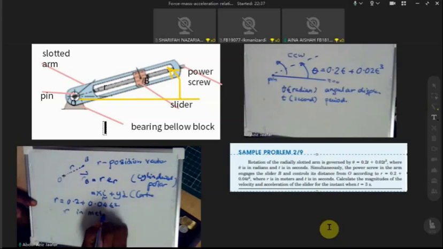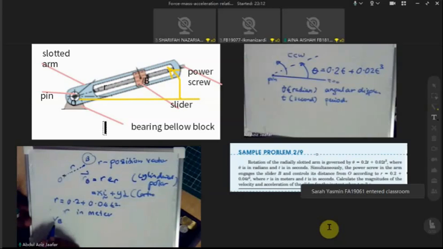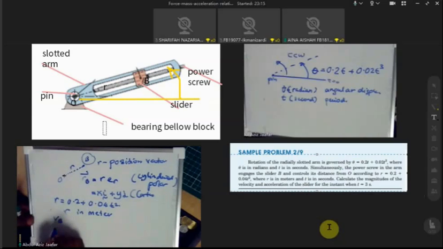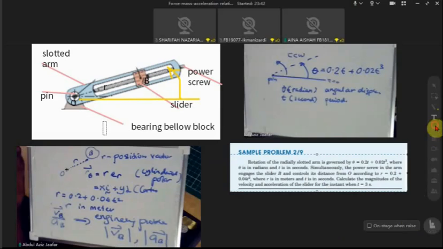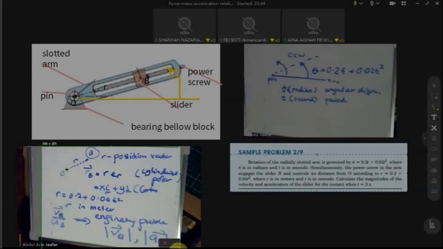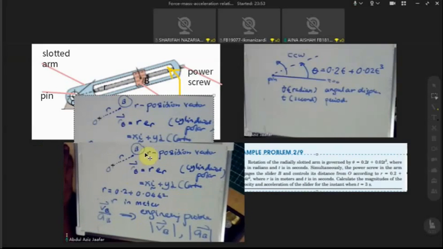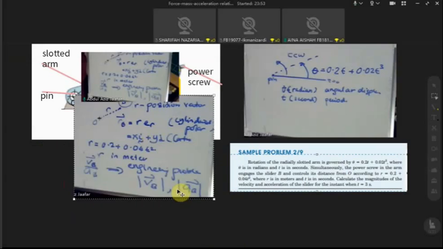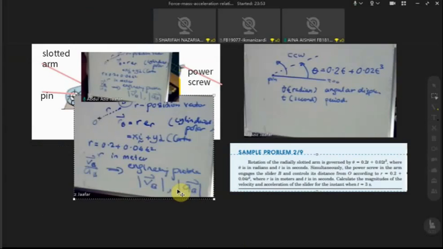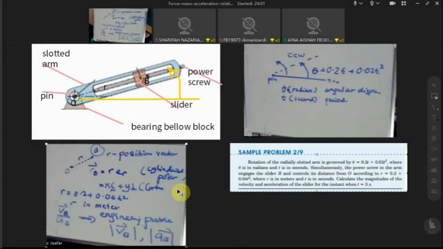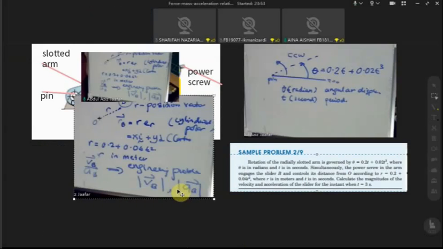And R will be in meters and t is in seconds. It asks for the magnitude of velocity and acceleration of the slider. So the question in the problem here is to get the magnitude of v_B and the magnitude of a_B. So that is our problem that we need to solve.